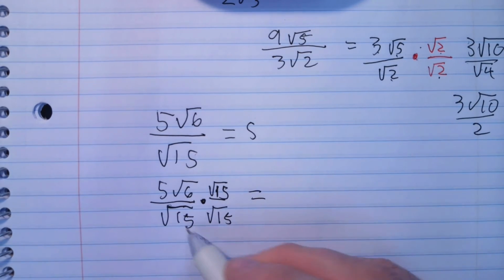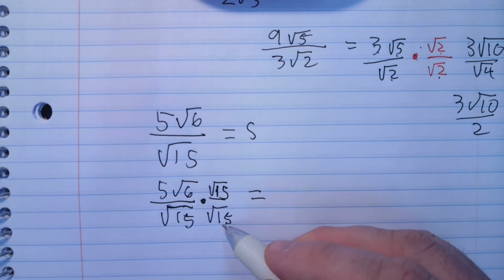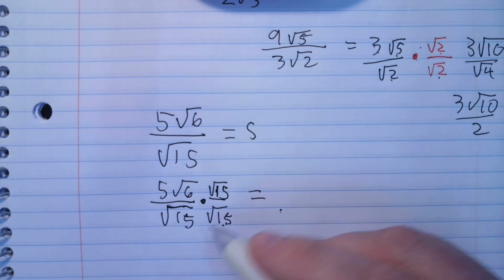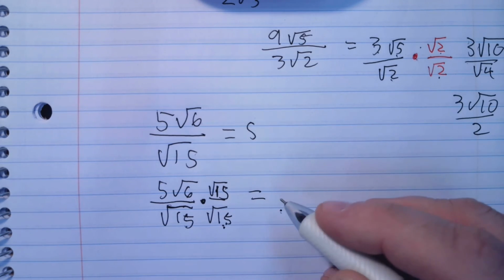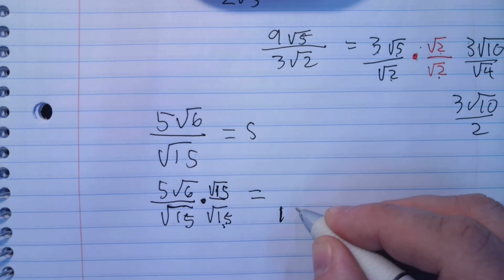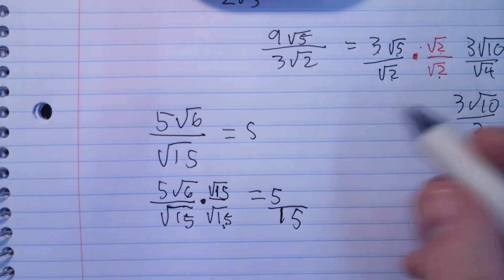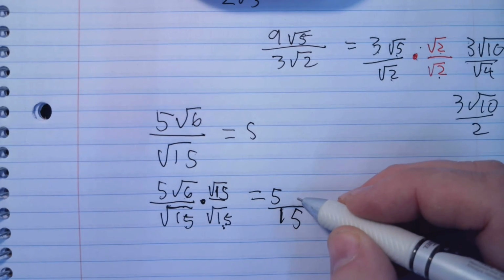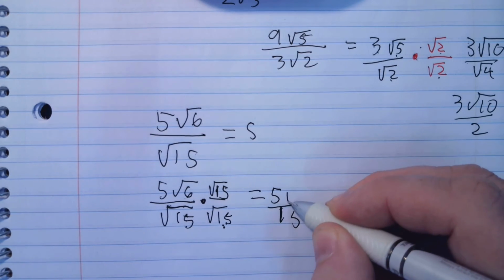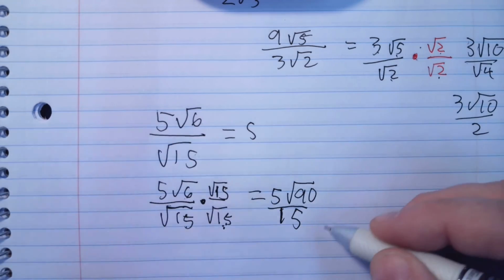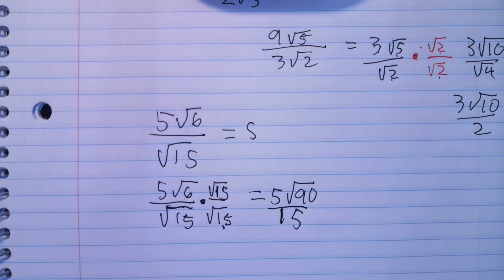Okay, I know 15 times radical 15 is just going to equal 225, which is a perfect square. So you can just skip to this where it's just 15. What's 6 times 15? 90.